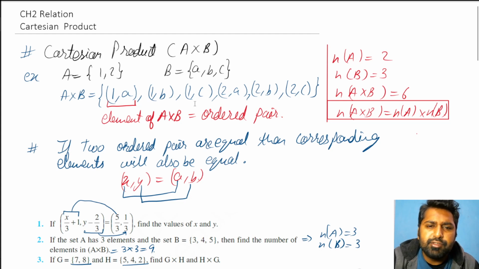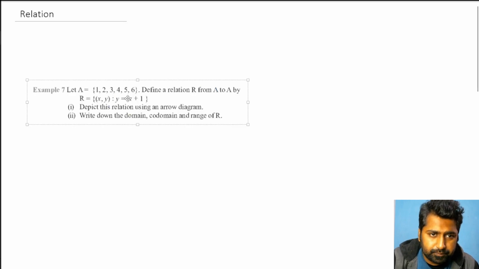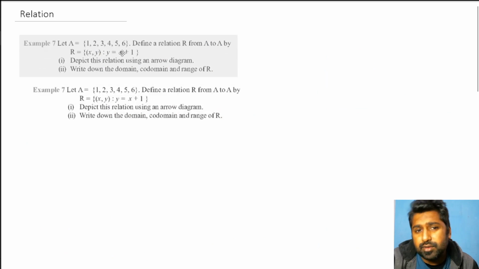What if I write only a few of them, 1 comma A, 1 comma B, 1 comma C, only that, or take any 3 or 4, that's up to me or you. Then that defines a relation, meaning very few elements of A will be specifically related with B. They may or may not be related sometimes. That defines your relation basically.